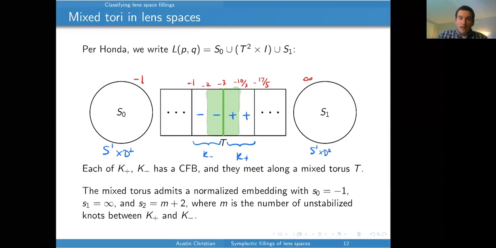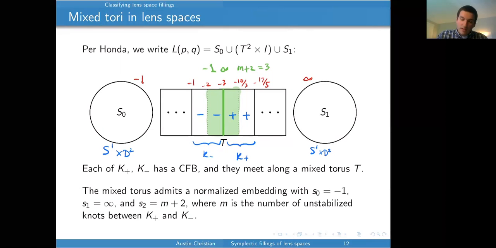So then the magical thing that happens now is, via some little arithmetic that is done in the paper, we can always normalize this embedding so that we have -1 opposite the minus basic slice, infinity for our slope on the mixed torus, and then m plus 2 will be our sort of free slope, which in this case is 3, because m counts the number of unstabilized knots between K plus and K minus.